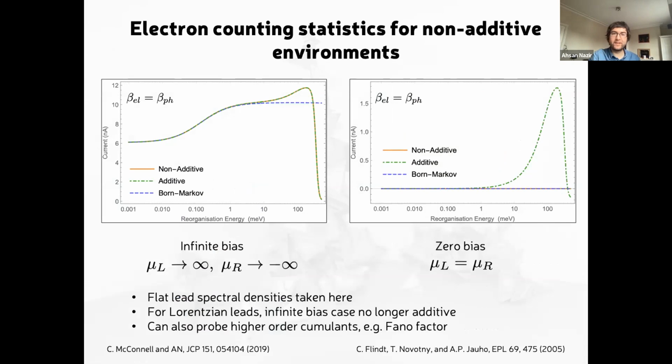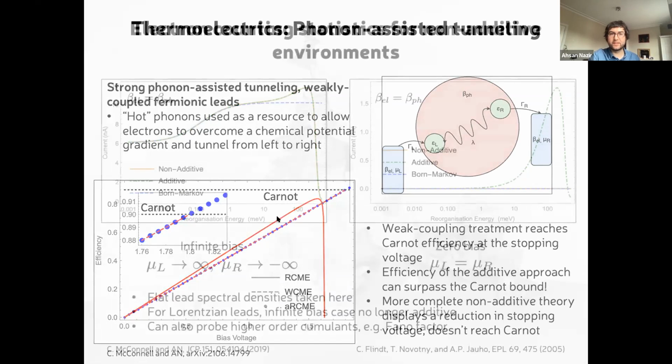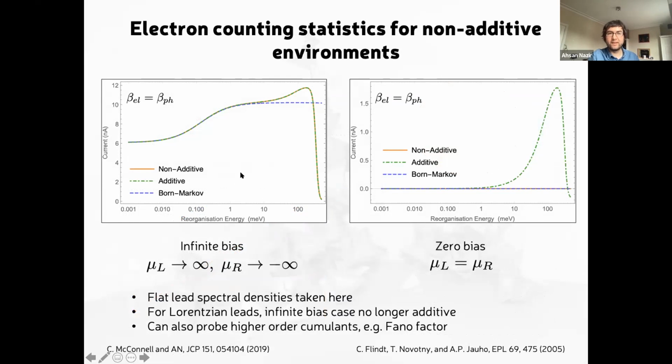So here's a couple of examples. In the infinite bias limit, the non-additive and the additive approaches agree with each other. So this is current as a function of system-phonon coupling strength, and we can see the two lie on top of each other.